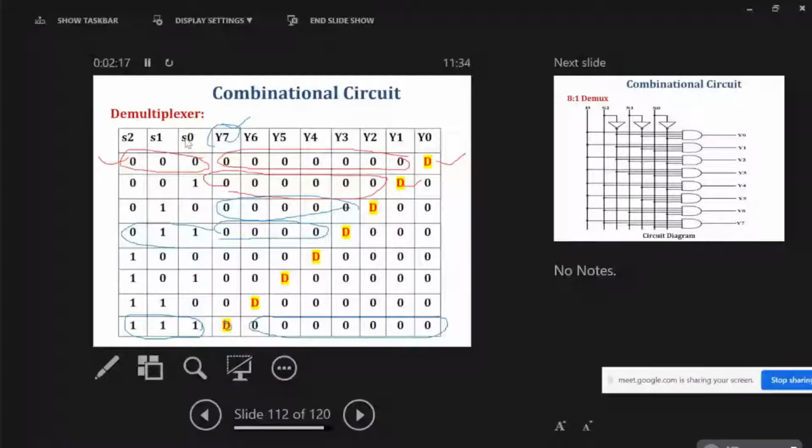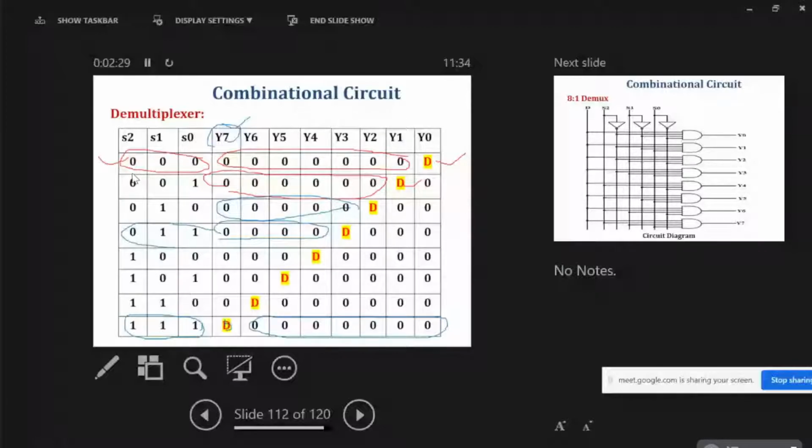So here we need to prepare the truth table, and after preparing it, we will find the Boolean expression. So the Boolean expression for Y0 will be what, in terms of the known things? Okay, so known are S2.